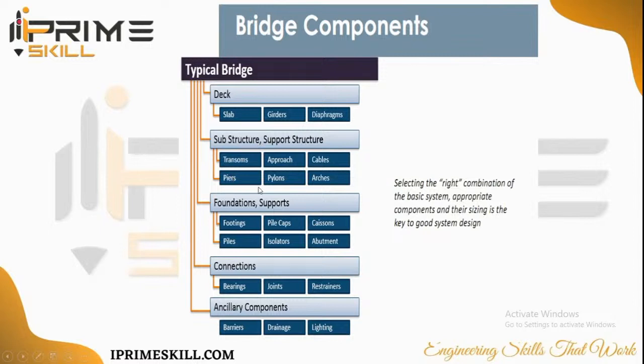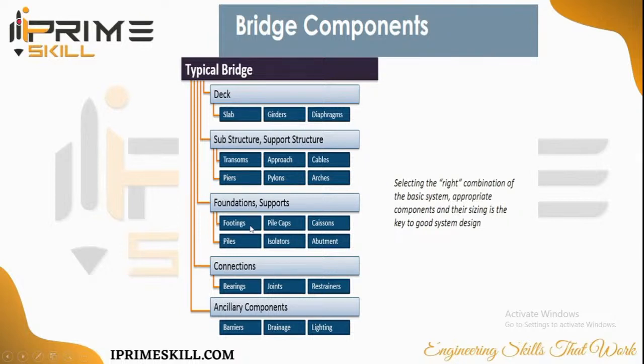Piers were there, pylons were there, arches with the cables. We saw the post-tension cables in the cable-stayed bridges. Then there's the foundation and support. In the foundation, you can have pile caps and isolators, which we are going to see. Then abutments, footings, and caissons we are going to see.